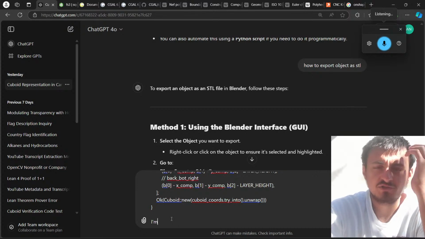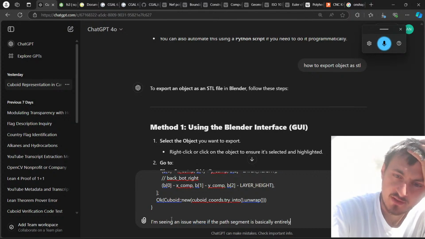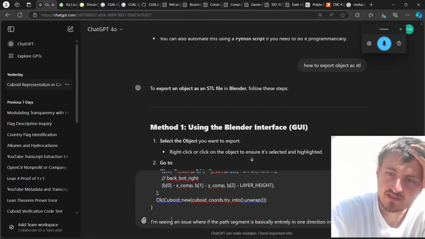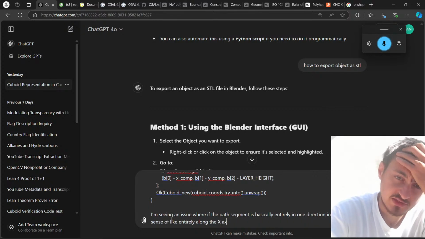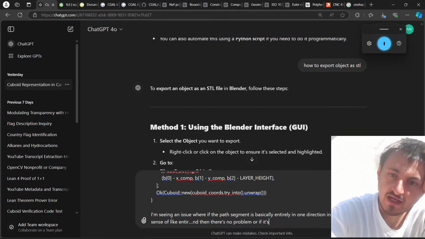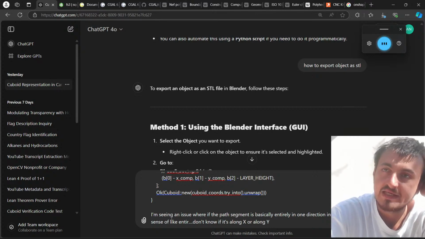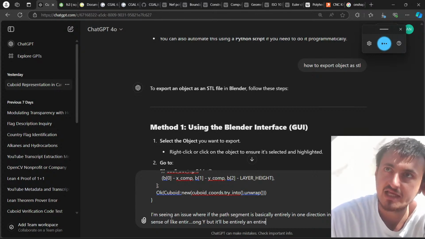I'm seeing an issue where if the path segment is entirely along the x-axis or entirely along the y-axis, either the resulting cuboid is fine and there's no problem, or if it's on the other axis, I don't know if it's along x or along y, it'll be an entirely flat cuboid, which is wrong.